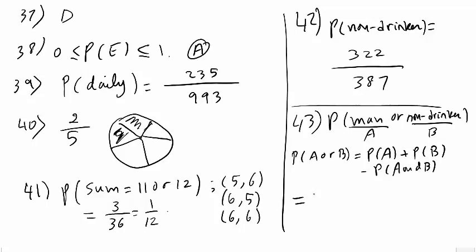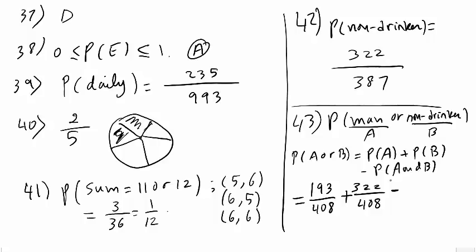Let's put the answers here. Probability of A means probability of a man. How many men do we have here? 193 out of the total, which is 408. Plus B is non-drinker. How many total non-drinkers do we have here? 322 over 408. Minus the probability of A and B. So we want a man and non-drinker.